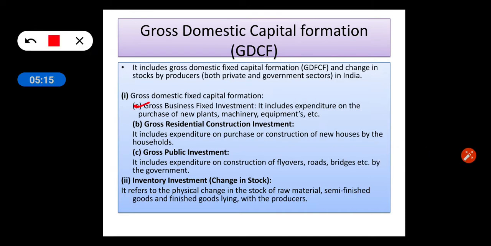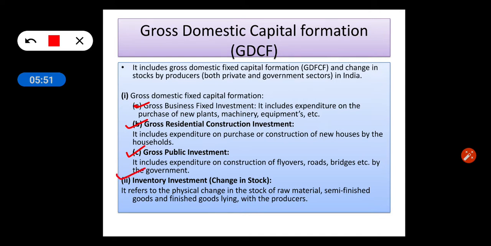This is an investment on fixed assets like purchase of new plant, new machinery, new equipment. Number B, it includes expenditure on purchase or construction of new houses by the household. Number C, it includes expenditure on construction of flyovers, roads, bridges, etc. by the government. Okay, this is your GDFCF.